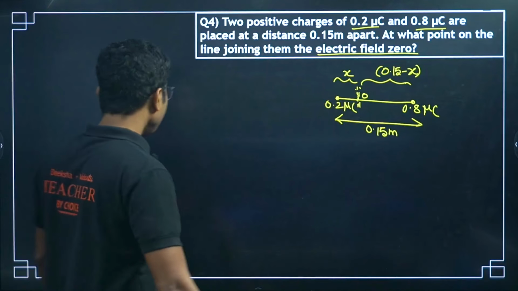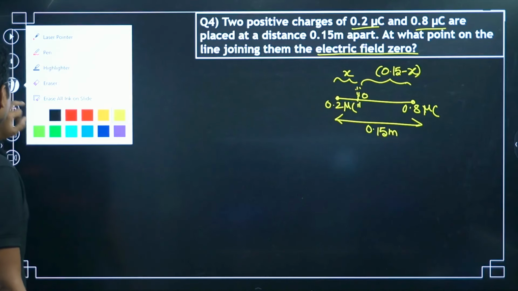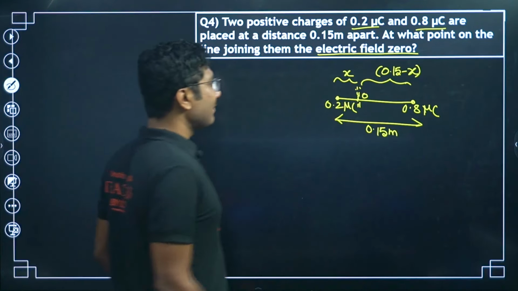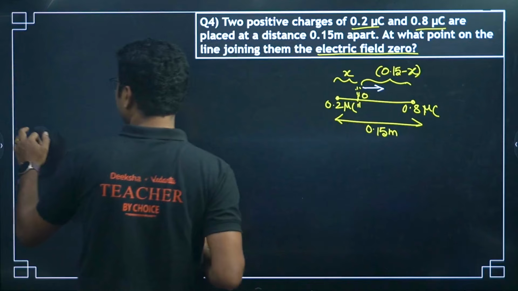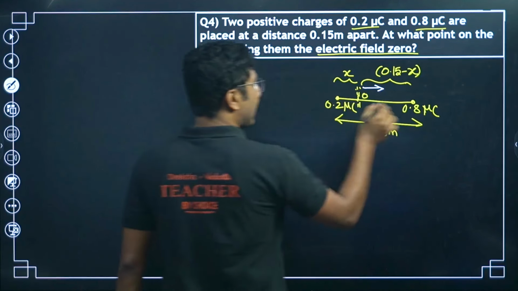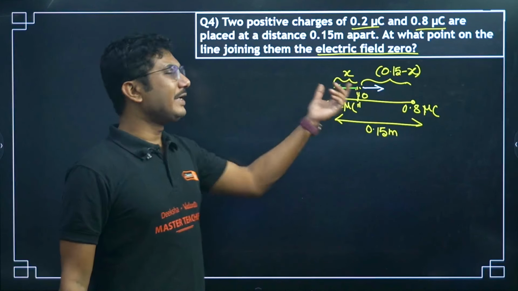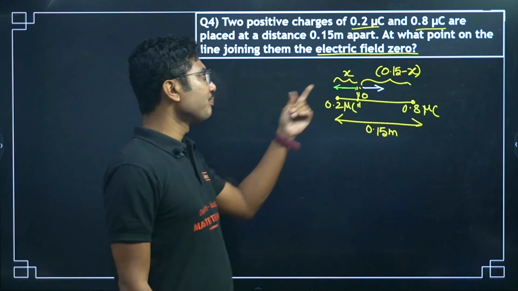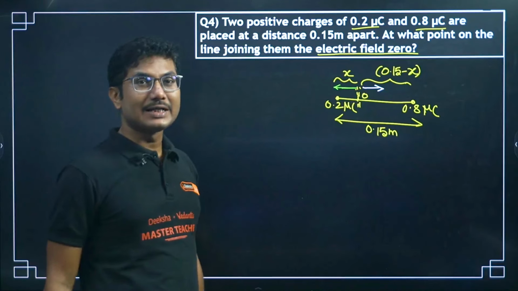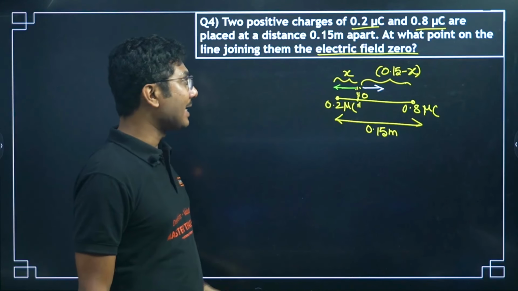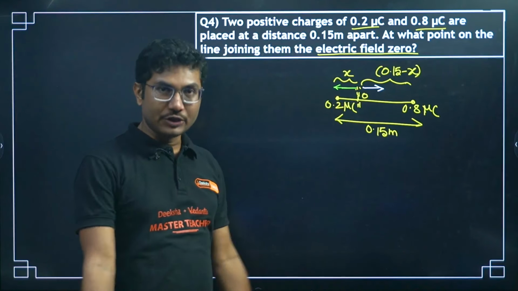Now what is basically happening at the null point? The electric field due to this charge is away, and the electric field due to the other charge is again away. Both charges are positive, and both electric fields are the same in magnitude but different in direction, so that the net electric field EA minus EB becomes 0.